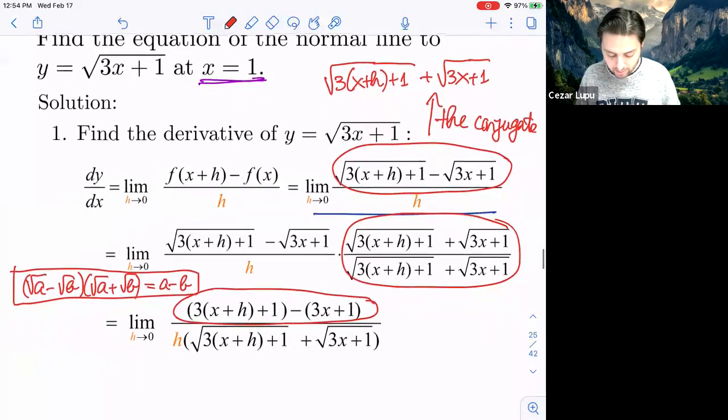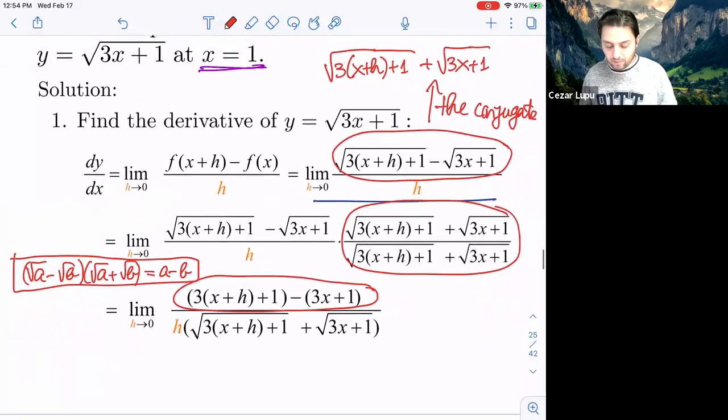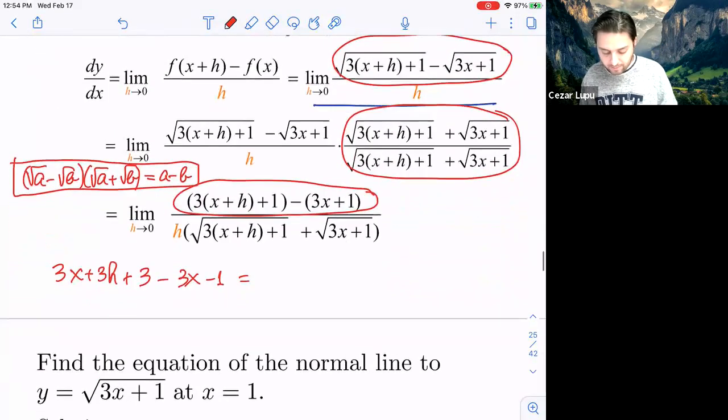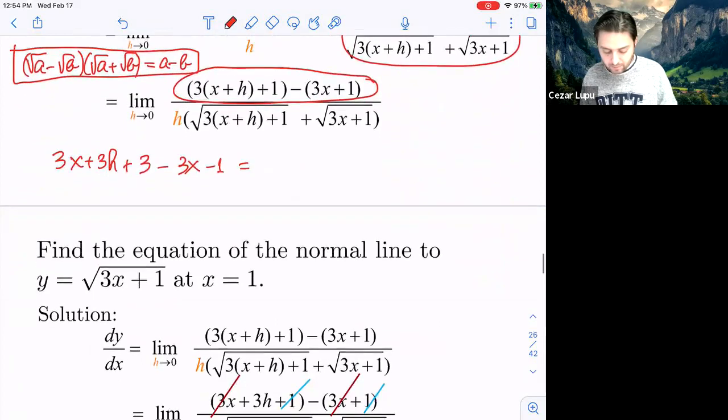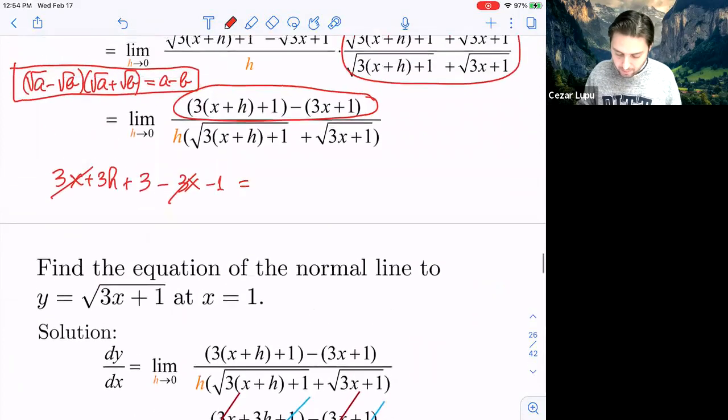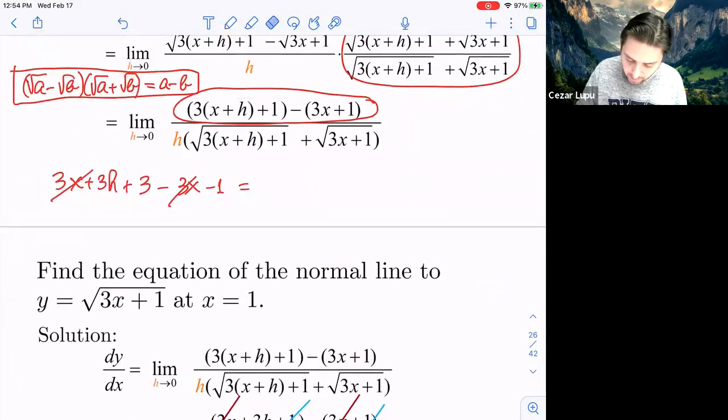So by doing this, things here will get clearer because you'll have 3x plus 3h plus 1 minus 3x minus 1. Sorry, here it is 1, I made a mistake.